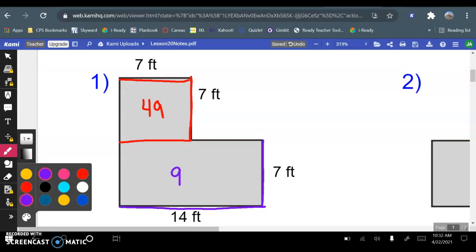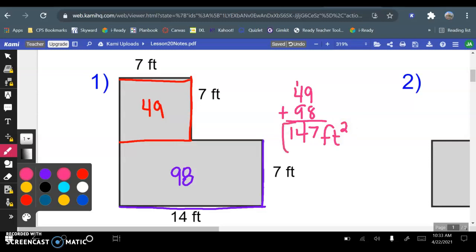So that would be 98. So to find the area of the entire figure, we add these two together. So 147, and these are feet, and area is always squared.